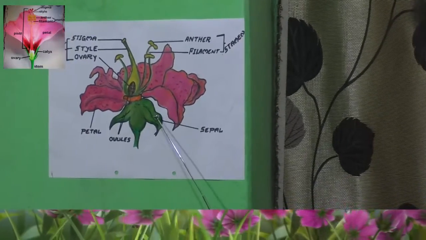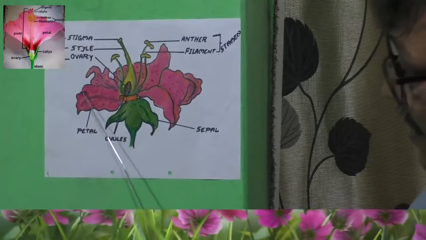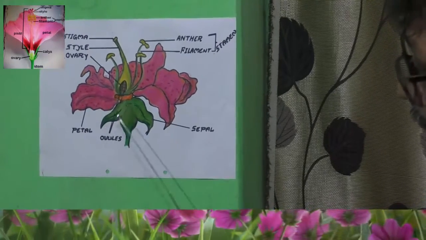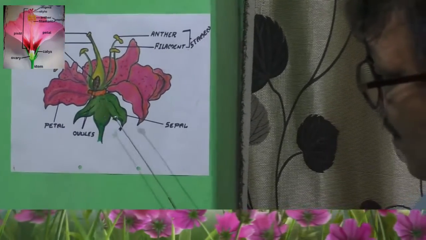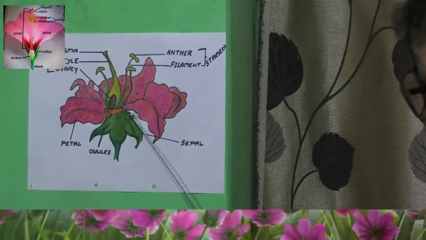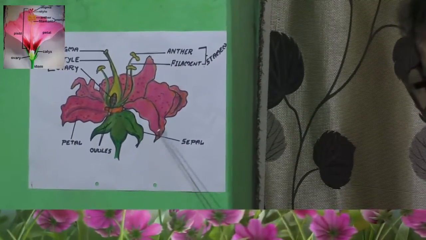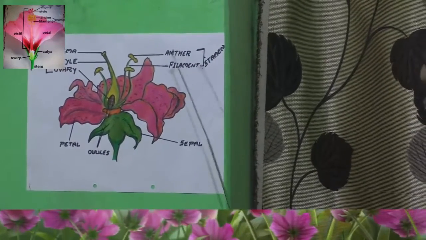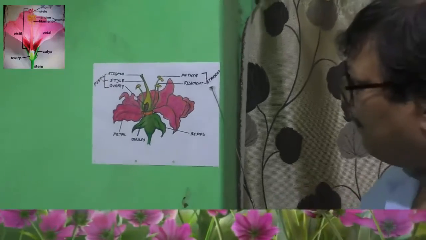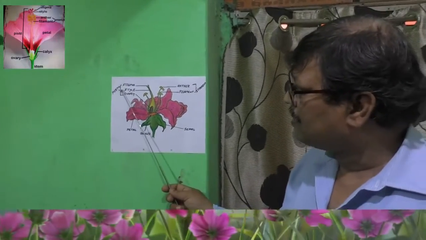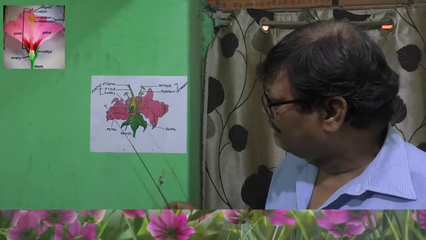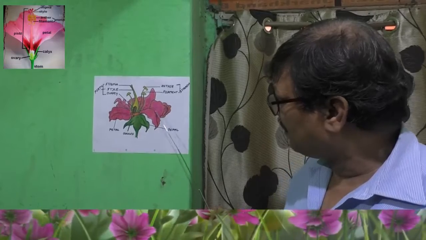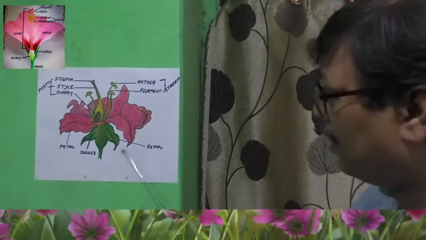And now at the bottom you can see this one is the petal, and this leaf-like structure you have seen here, I have already shown it, that is a sepal. So stamen is the male reproductive part, pistil is the female reproductive part, this one is called petals, and that one is sepal.